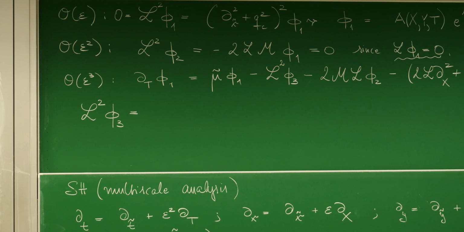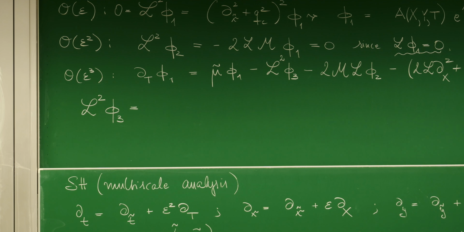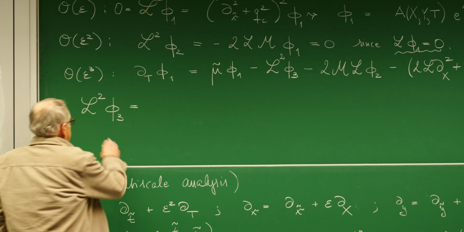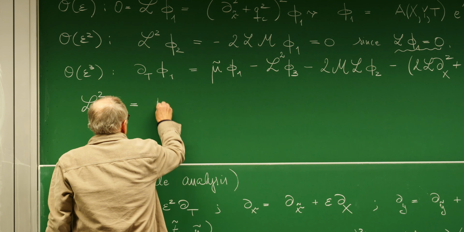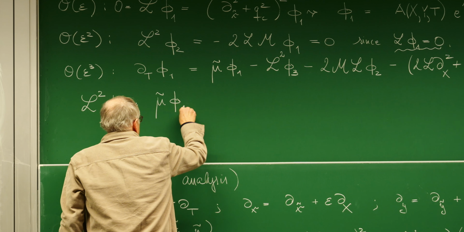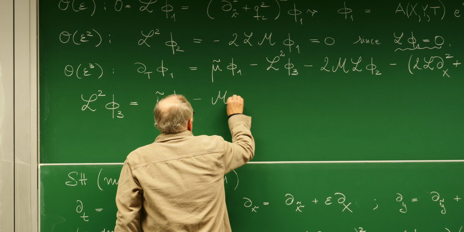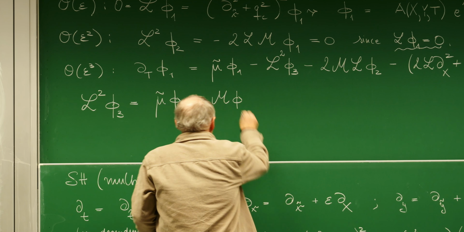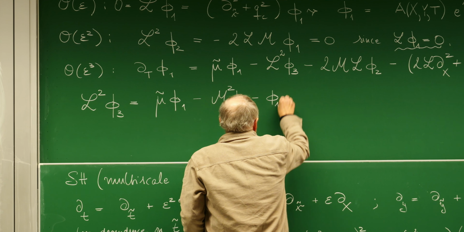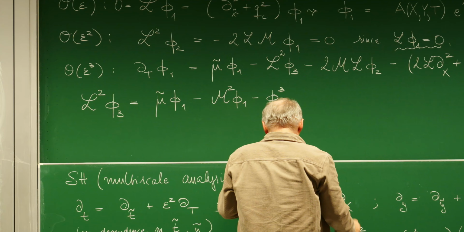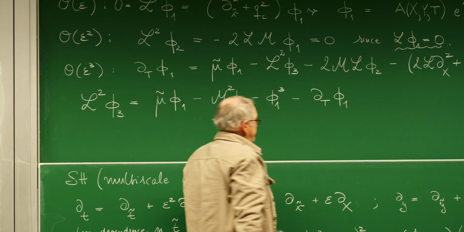That's how I would like to write it, because I'm looking for phi 3. This is the term I want to determine. And this differential operator acting on the function phi 3 is a known function phi 1 minus m squared acting on phi 1 minus phi 1 to the third minus dt phi 1.